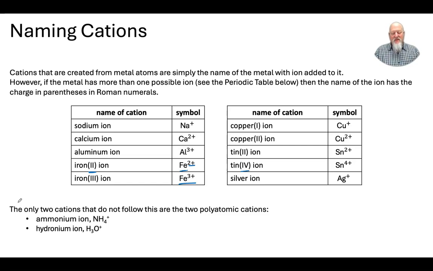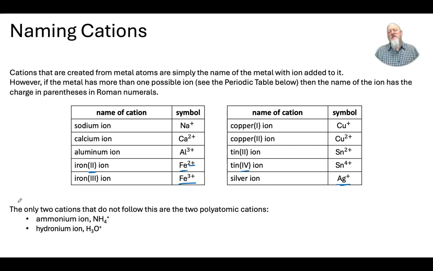The silver ion, which is in the transition metals, really only has one stable ion, and that's Ag+. So that's why we don't call it silver(I). It's not wrong to put silver(I) there, because it is a transition metal and there is a silver(II) ion. It's just not very common. The ones that have more than one common ion are when we use the parentheses.